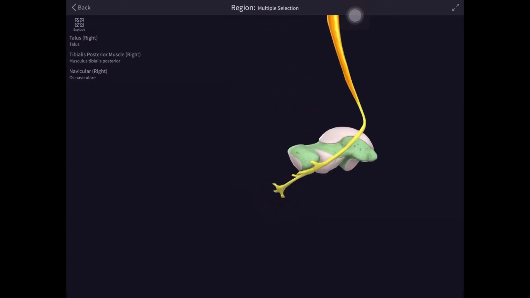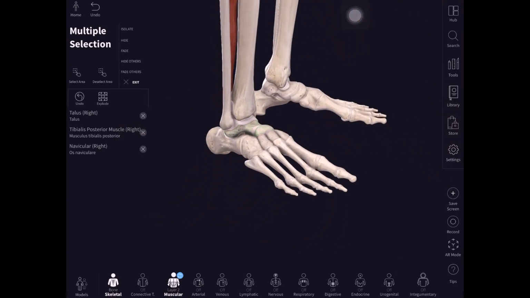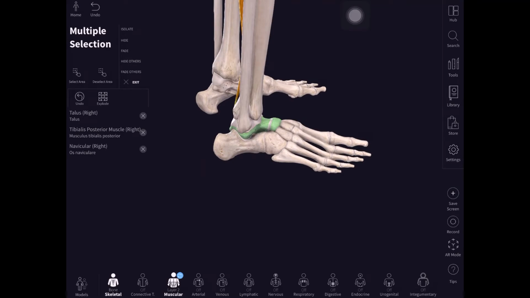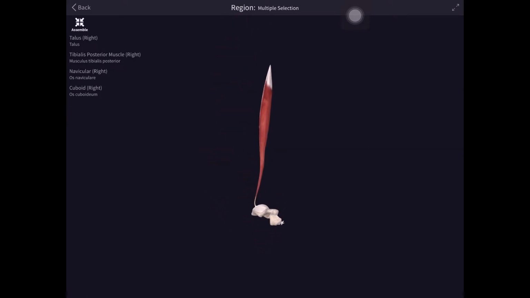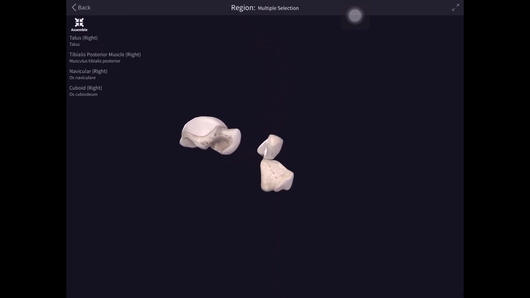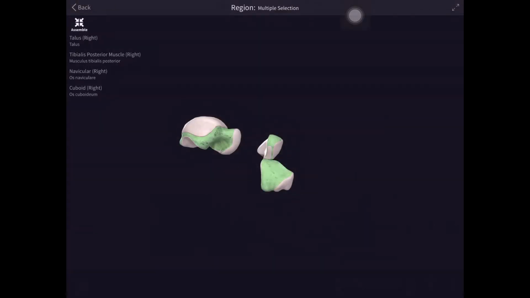So let us see this joint here. Just we have to go back and add the cuboid bone. If I just select and then isolate, yeah, that's where the cuboid is joined. And if I just exclude this one, so this is our lateral surface and this is the cuboid, and they are forming a joint.